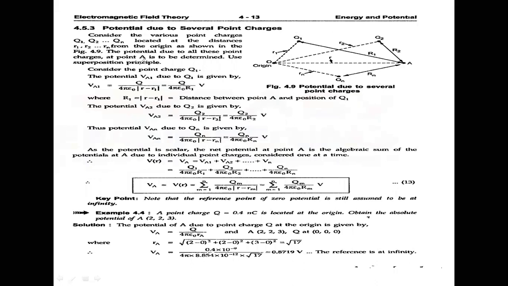So we have the potential due to several point charges. If only one point charge is there, it means Q by 4 pi epsilon naught R only. And we have different point charges, several point charges. Let the charge Q1 by 4 pi epsilon naught, with distance R minus R1. The potential V2, with Q2 as the charge, is Q2 by 4 pi epsilon naught into R minus R2.